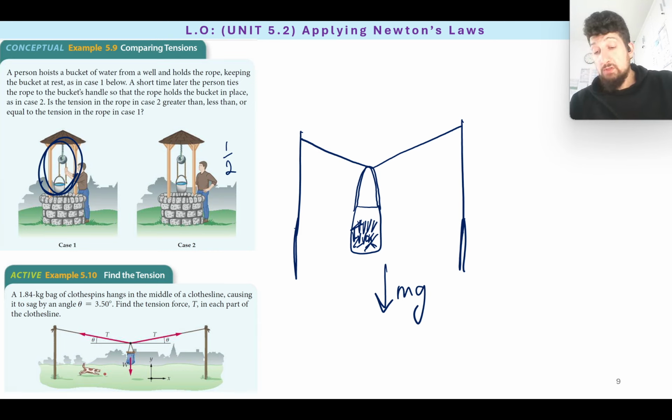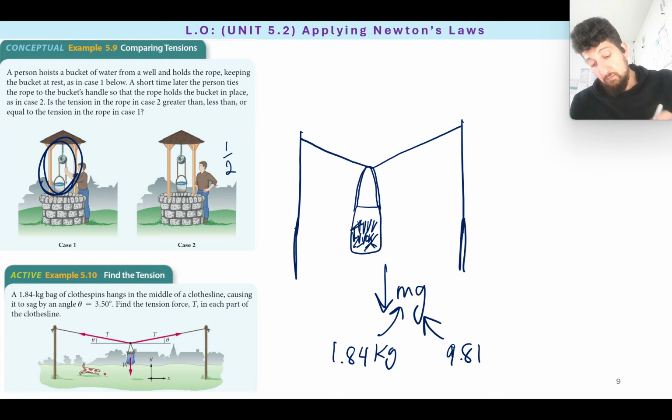What's that weight force? Do we have m? Yes, we do. They're being very generous. So we've got 1.84 kilograms. We've got g because it's Earth, 9.81 meters per second squared acting downwards.